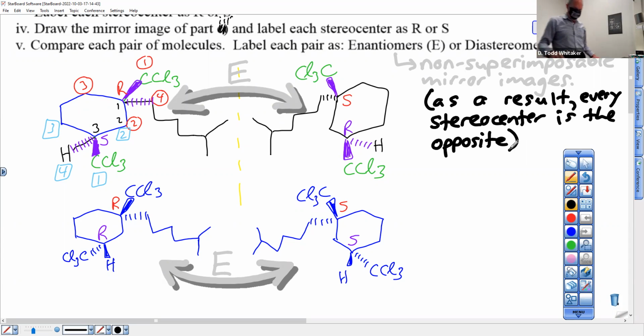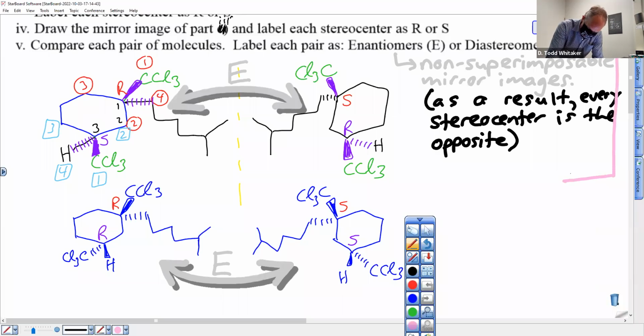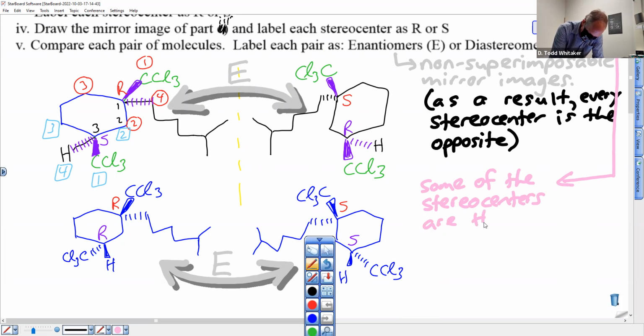And then we'll deal with diastereomer. Diastereomer: some of the stereo centers are the opposite, some are the same.